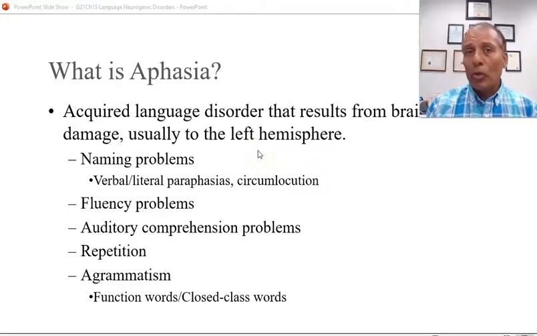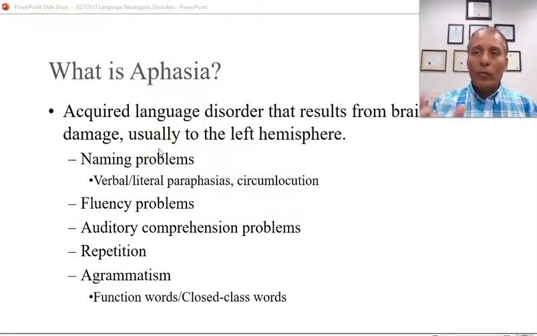They can also be caused by brain injuries, things that can destroy areas of the left hemisphere, like a bullet wound into Broca's area or some of these areas, or a car accident and so on. But the primary cause is strokes.